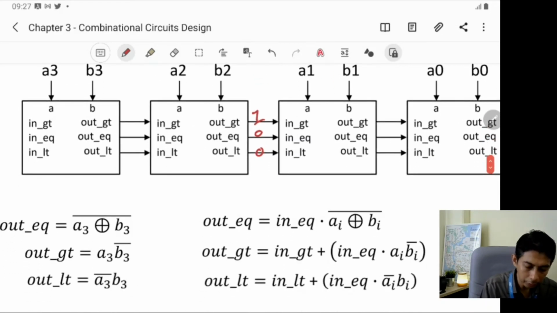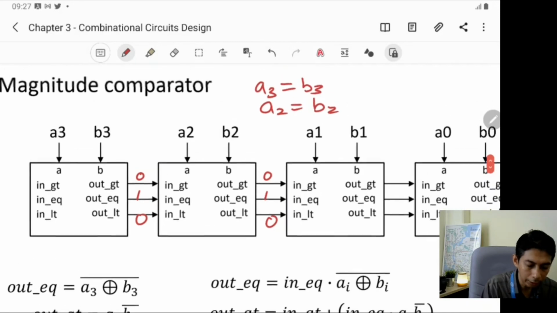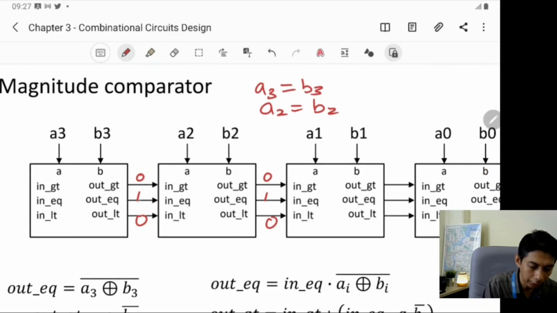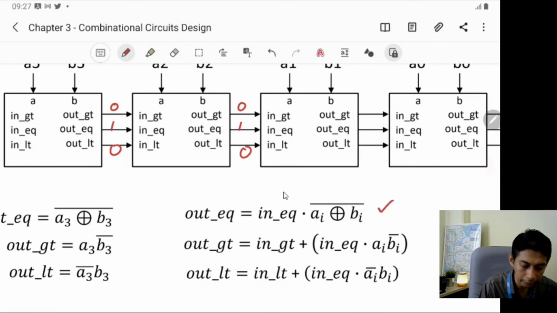To get this number equal to 1, this must be equal, and this should be, because A3 and B3 are equal, right? So this one should be equal to 1, and A2 and B2 are equal, so this one should be equal to 1. So how to propagate this value? So this is how to propagate.